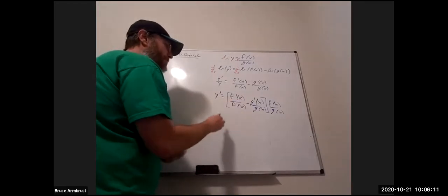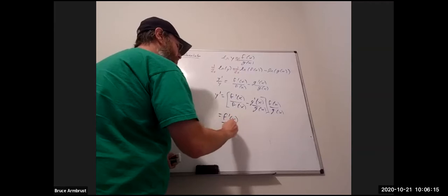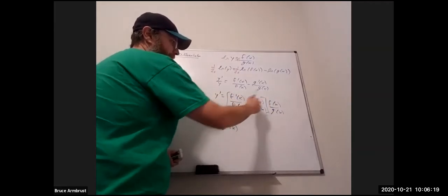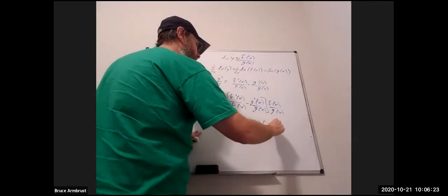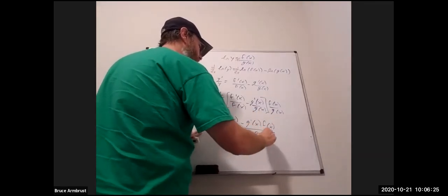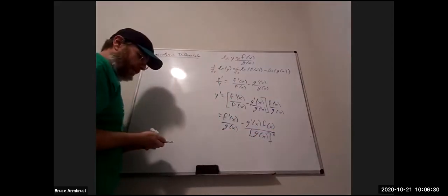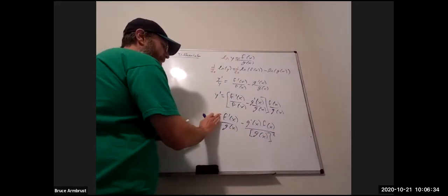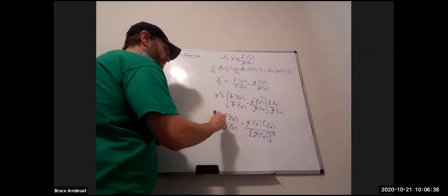If you were to distribute through with this, you would get f prime over g, because the f of x is canceled in this piece, minus g prime times f over g of x squared. If we wanted to combine this into one, we'd have to get a common denominator, which would say multiply this first one by g of x.